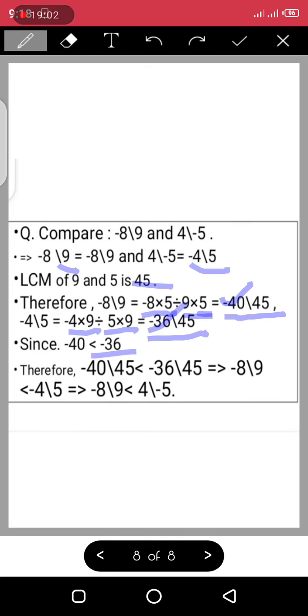So minus 36 is the numerator of which rational number? It was the numerator of minus 4 by 5, means 4 by minus 5. So here minus 8 by 9 is lesser than 4 by minus 5, that is, 4 by minus 5 is the greater rational number between the two.